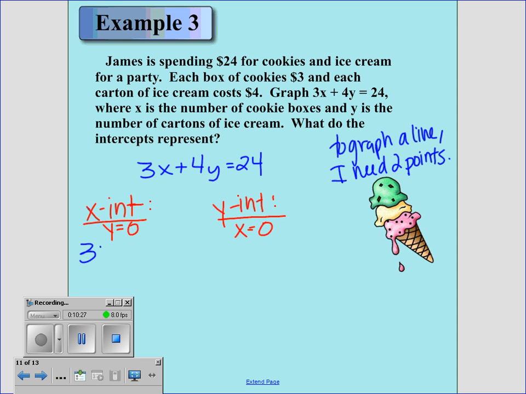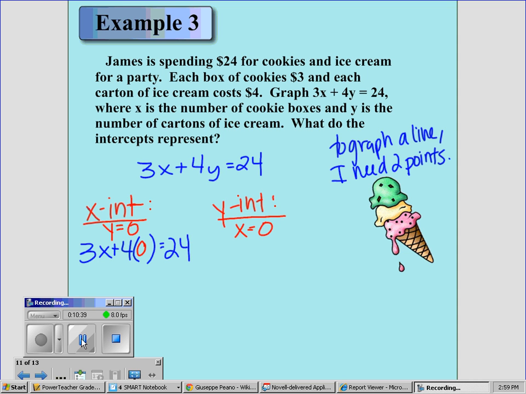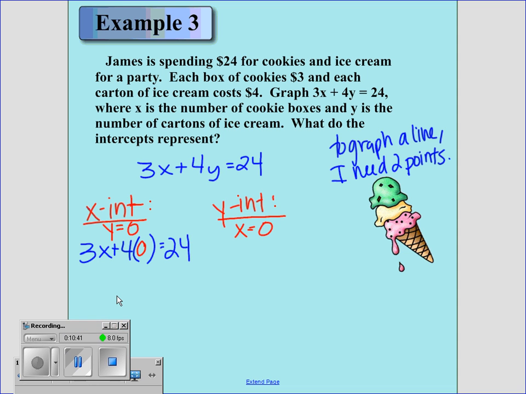I have 3x plus 4y equals 24. To solve for my x-intercept, I'm going to let y equal 0.